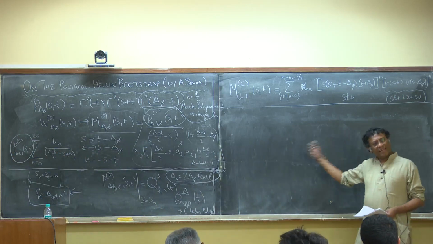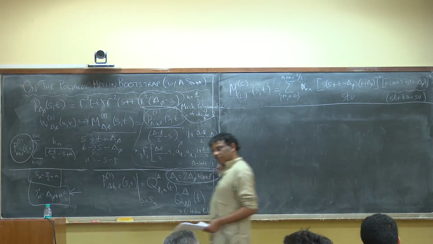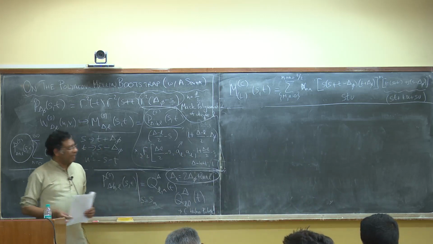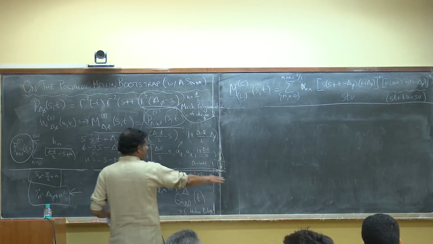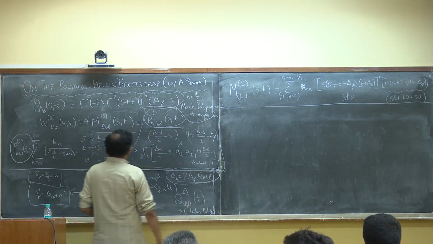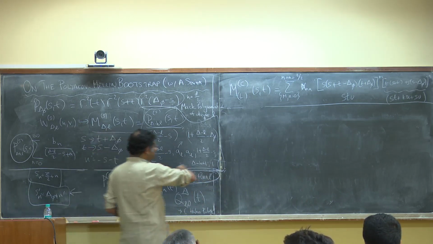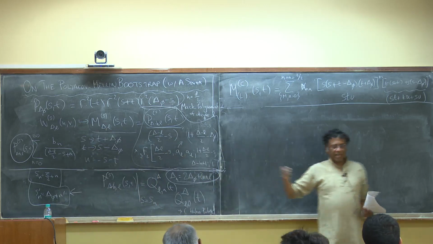That condition is easy to translate in this language. You remember the Mellin amplitude, there was this rho delta phi times M of S, T.